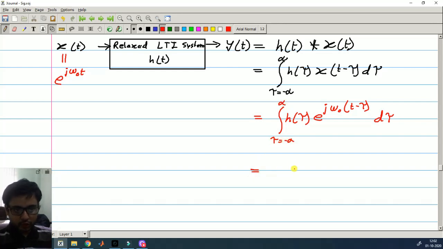Then this is equal to the integration of h(tau) e to the power minus j omega naught tau, and e to the power j omega naught t I will write outside because this does not depend on tau.